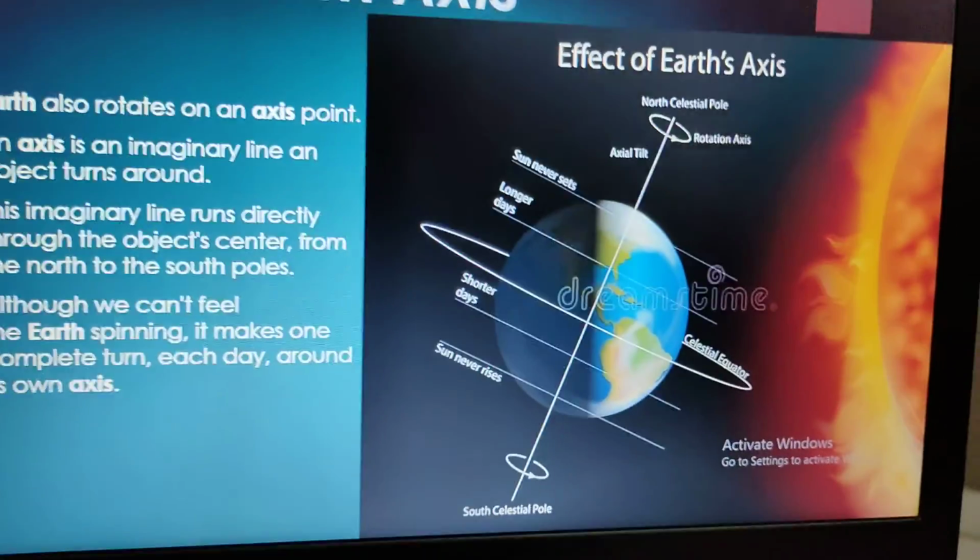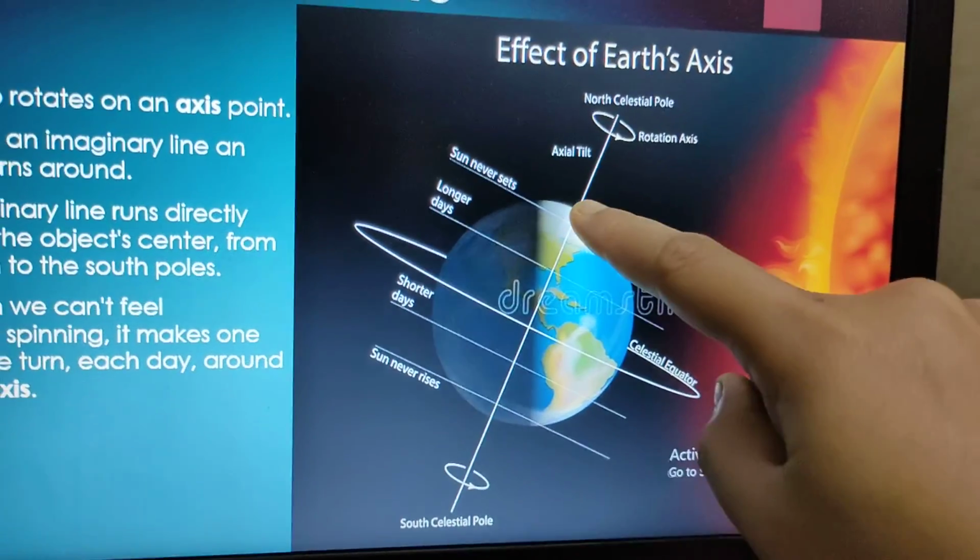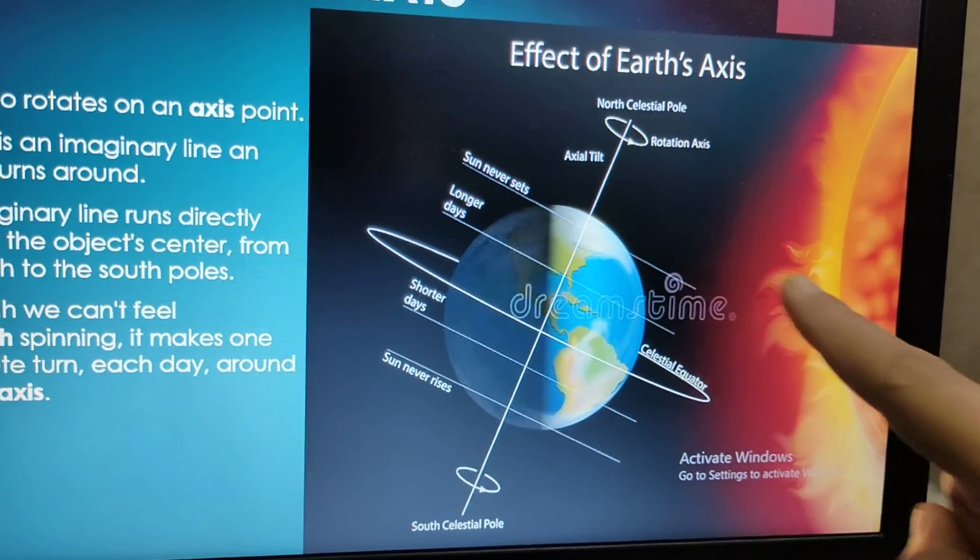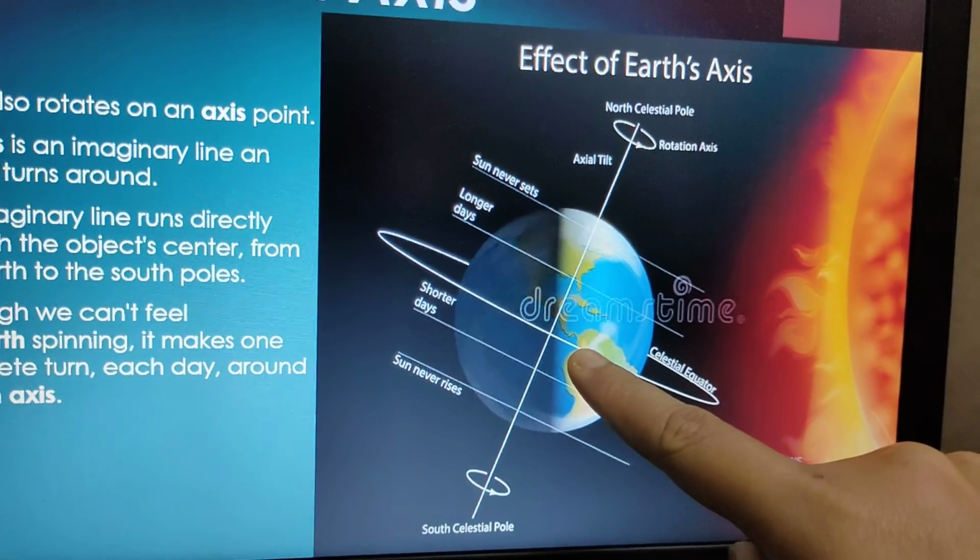If you see the diagram carefully, this part of the Earth is facing the sun, so it is having day.